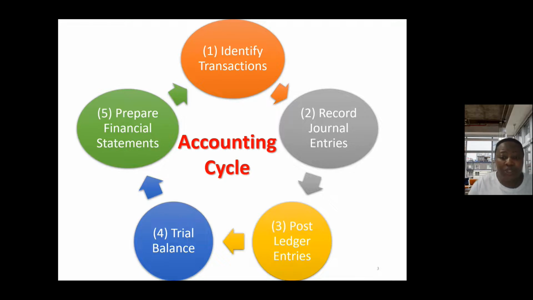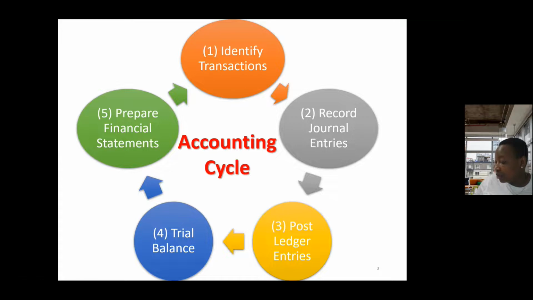In it, we introduced what accounting is, and we said that accounting is identifying economic events, recording those events, and communicating those events to people who are interested in accounting information, so that they are able to make informed decisions.